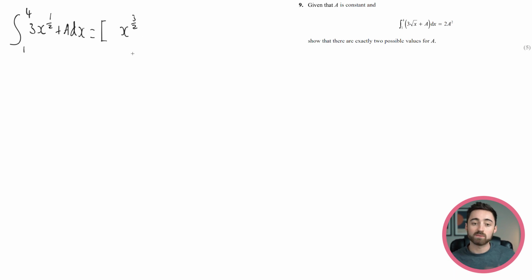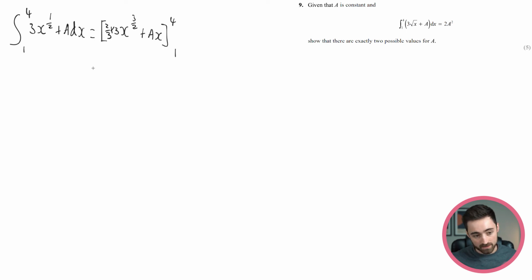I'm going to divide by the new power, 3/2, which is the same as multiplying by 2/3. And I need to remember that I've still got a 3 there, so there's going to be a times 3. That's the first term, and then a is just a constant. If I integrate a constant, it's just going to be that constant multiplied by x. So that's going to be plus ax.